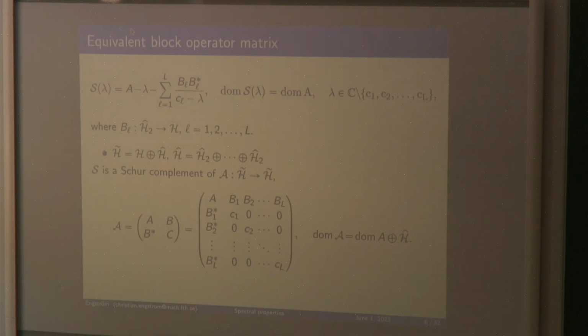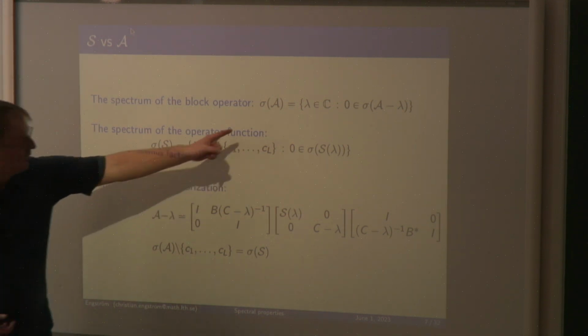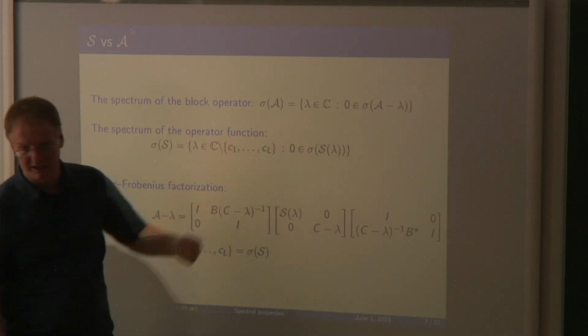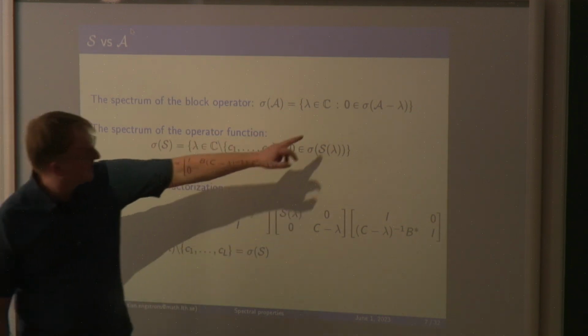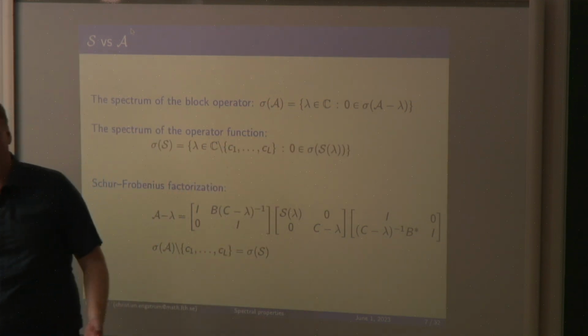Okay, so why did I define this? You will see very soon. If we now look at the spectrum of the block operator matrix A, we could think that the spectrum is all lambda in C such that 0 belongs to the spectrum of A minus lambda.